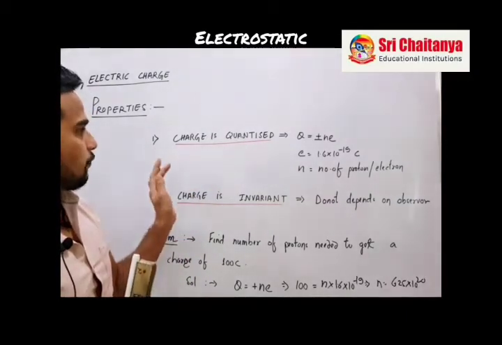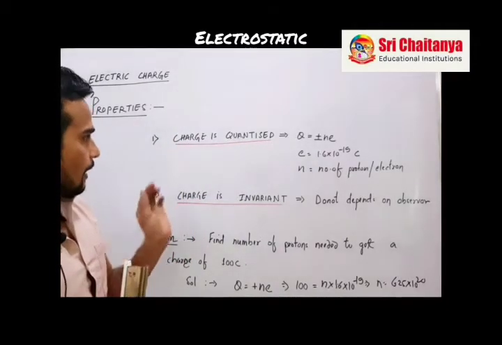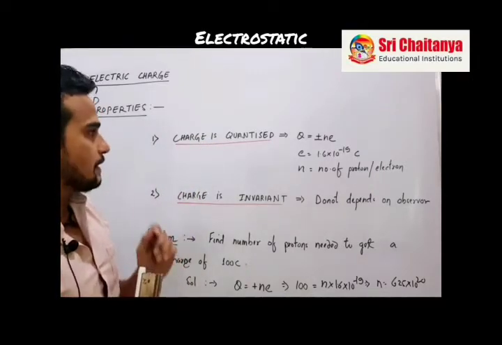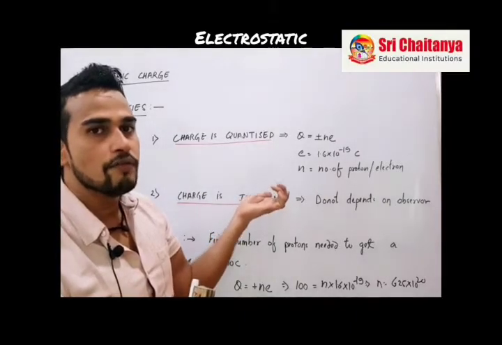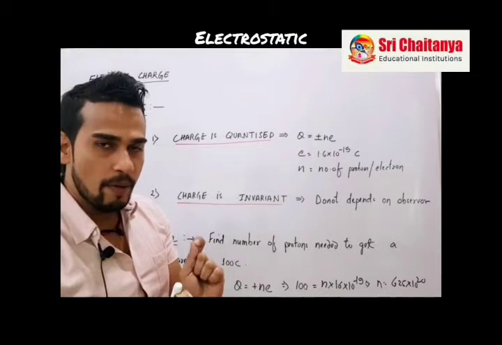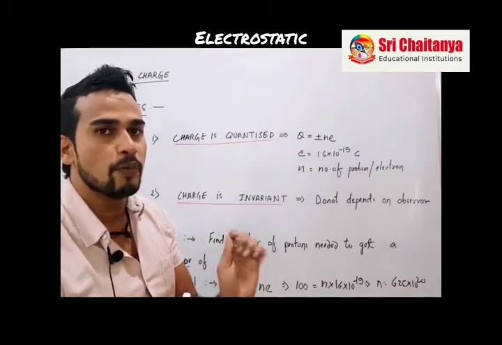So the first property of charge, which is known to everyone, we're just revising this, is that charge will always be quantized. Quantized means charge will always be an integral multiple of the charge of an electron or proton, because the minimum possible charge is the charge of an electron or proton.